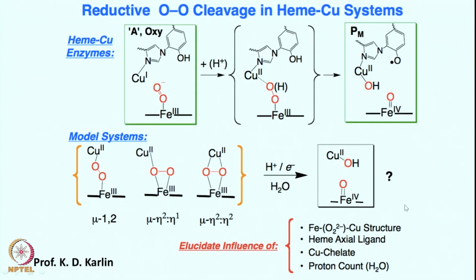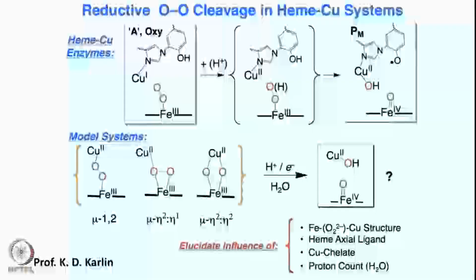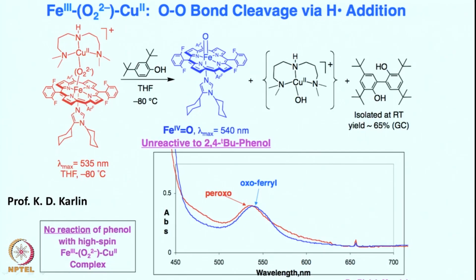So, the big question we would now like to answer is how the oxygen bond that is still present between these two atoms is going to be broken, or cleaved. Okay. So, here is first.